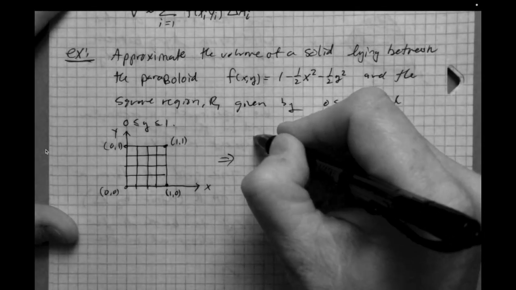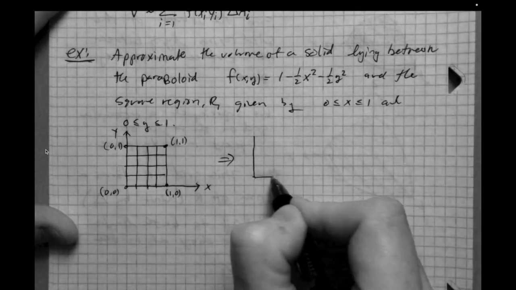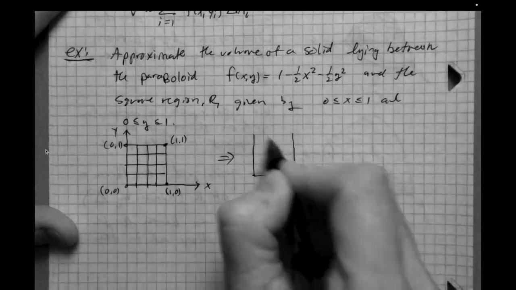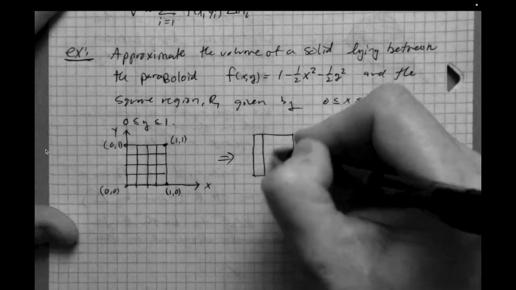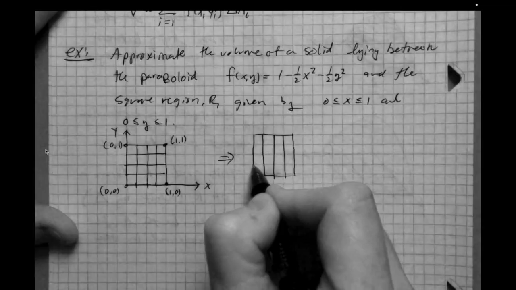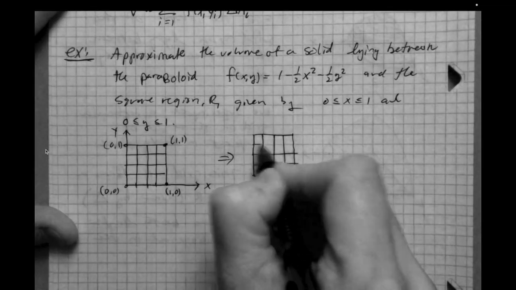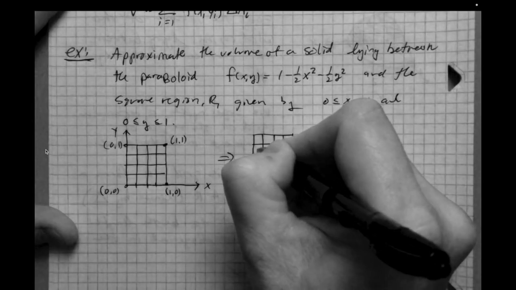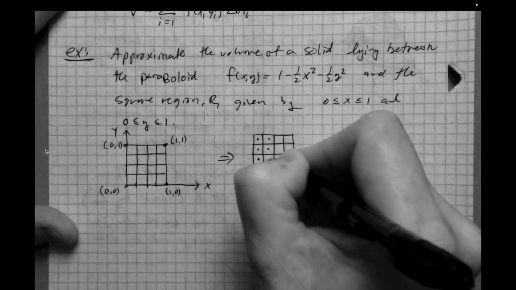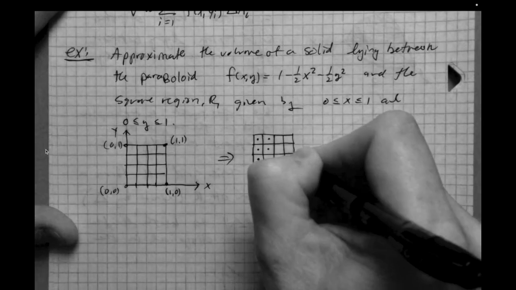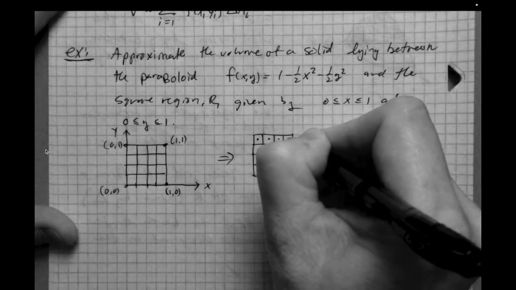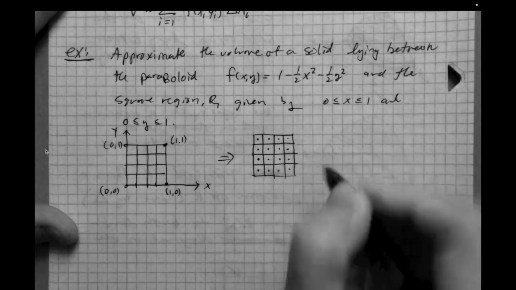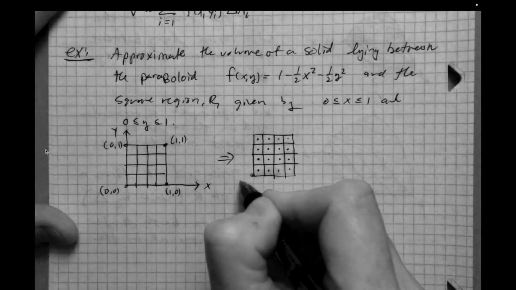Okay, so let me redraw it here. Basically what we're interested in is the coordinates of each of the centers. Those are the xi, yi's that we're interested in. You can figure this out pretty easily. Over here you've got your 0, 0.